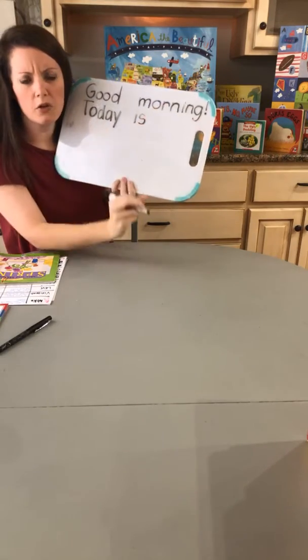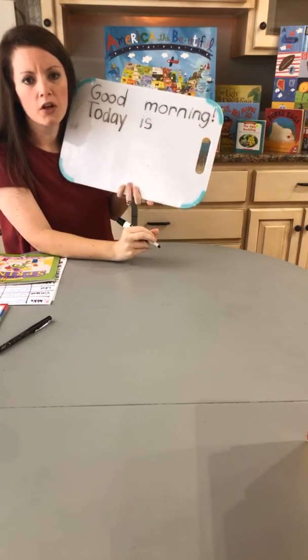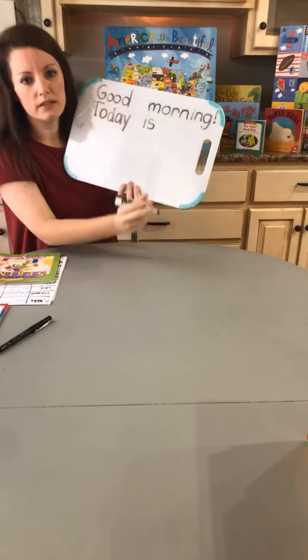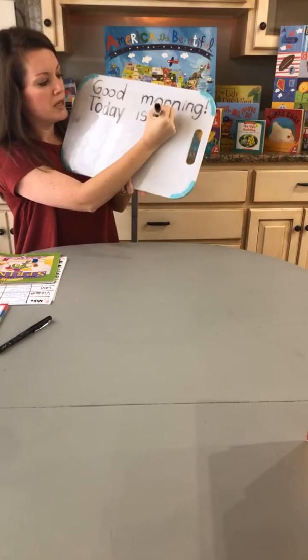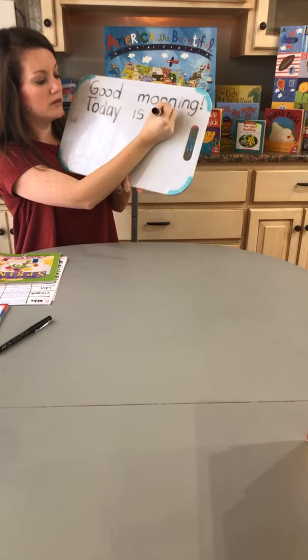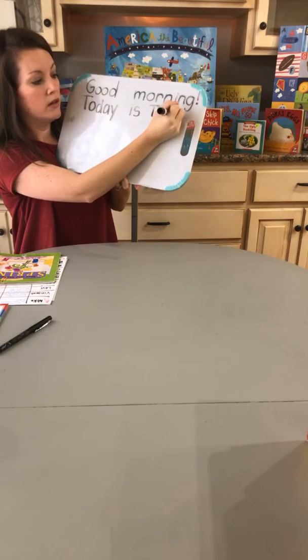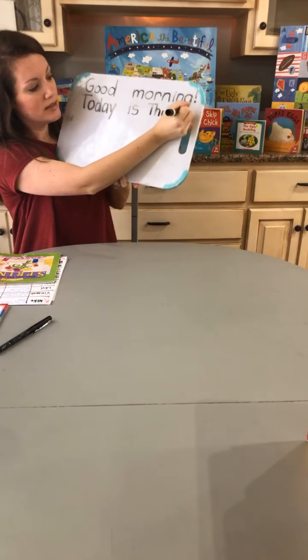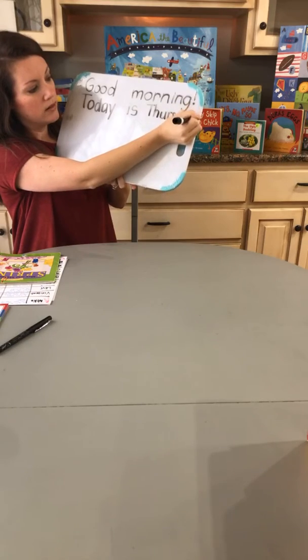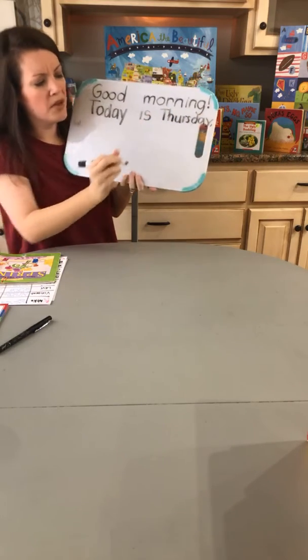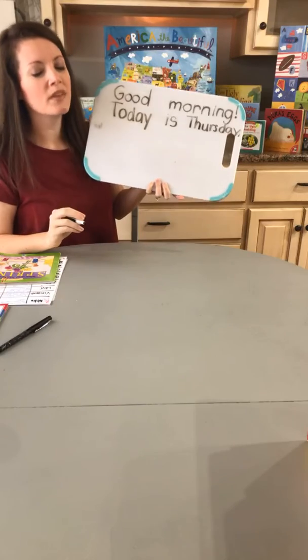What two letters go together to say the? T-H. And I'm making my T uppercase here because it's the name of a day of the week. Thursday. And our month is April.